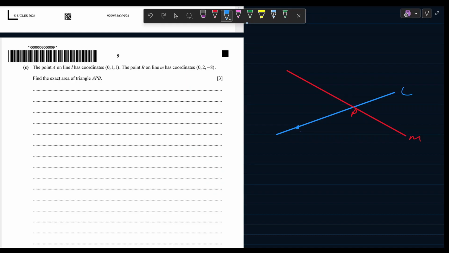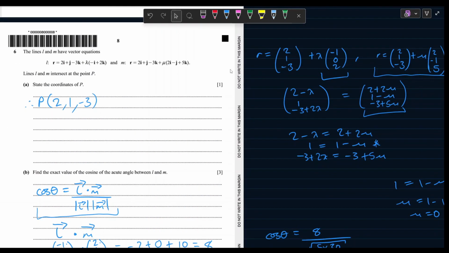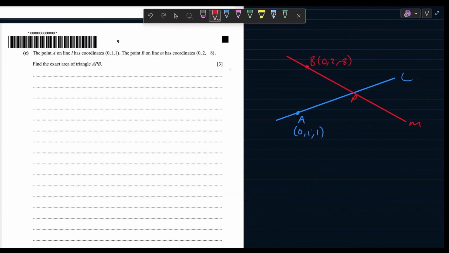A lies on line L, so let's say this is A. We also have the point B, which lies on line M, so let's put B here, and B has the coordinates 0, 2, -8. We also have the coordinates of P from part A to be 2, 1, -3.